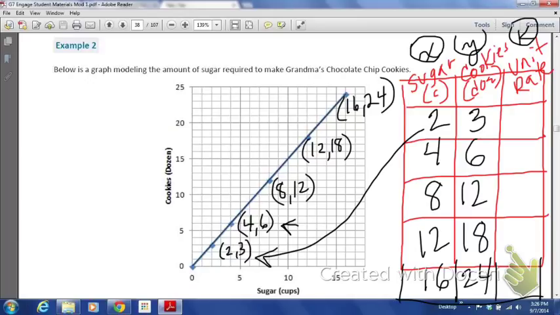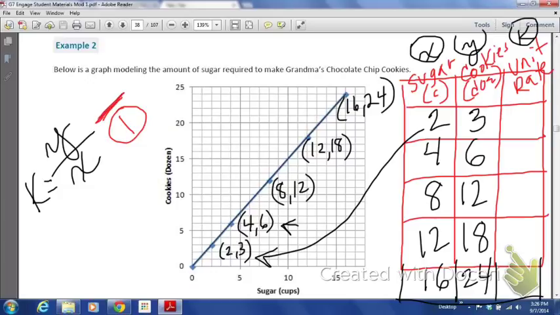What our 1 cup is going to give us is the unit rate, because remember, our k equals y over x. And when this x equals 1, we are talking unit rate. So for every 1 of x, a cup of sugar, we get such and such value of y.